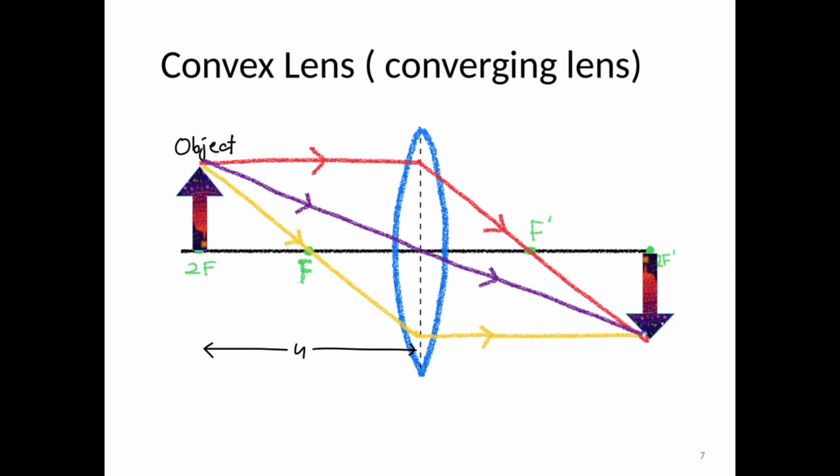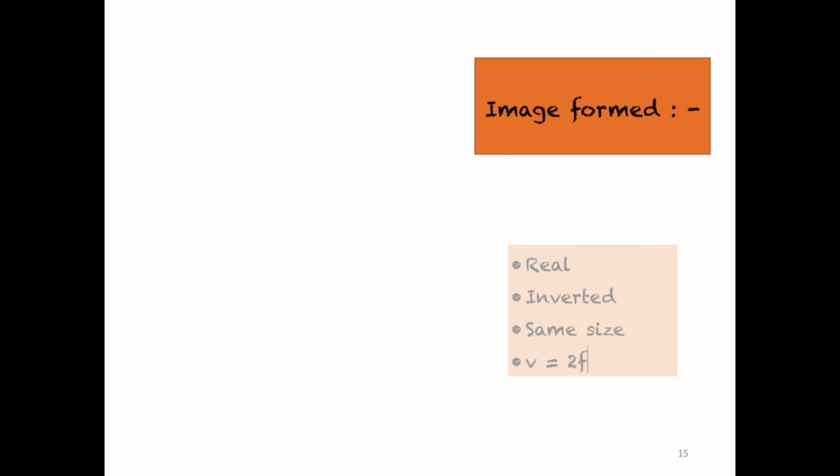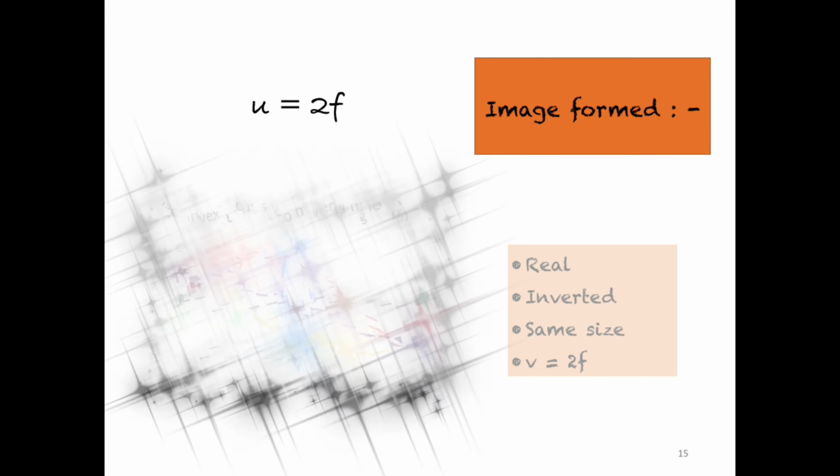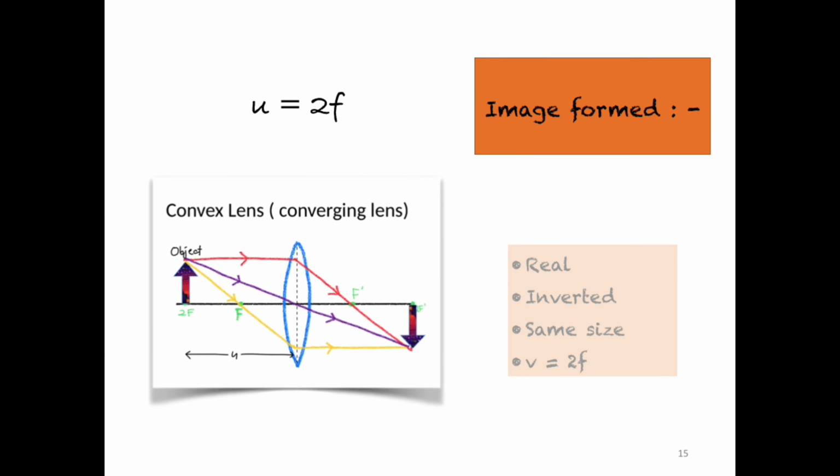And the last one is a straight line, okay, passing through the center of the lens. So what will be the image formed? It will be real, inverted, same size, and opposite to the object.